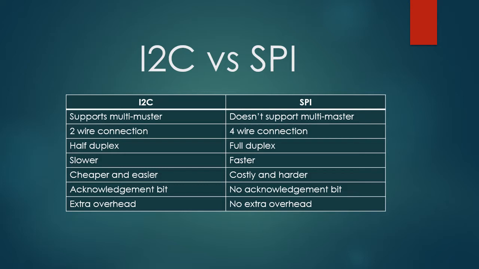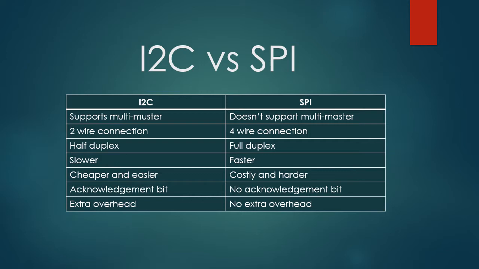And this becomes an issue if you are trying to connect multiple SPI sensors to a microcontroller, because each of those sensors will require one dedicated GPIO pin, and for most microcontrollers the GPIO pins are very limited. And as we discussed before, I2C is half duplex and SPI is full duplex.